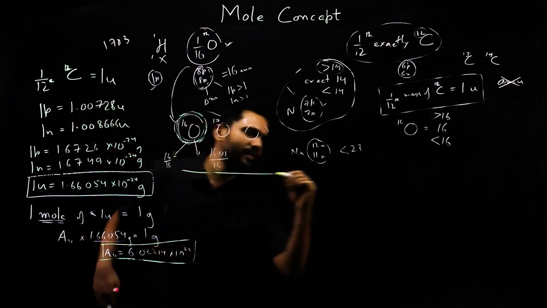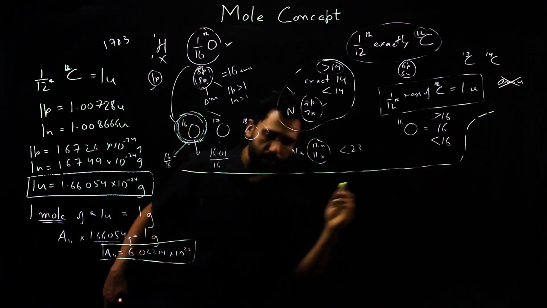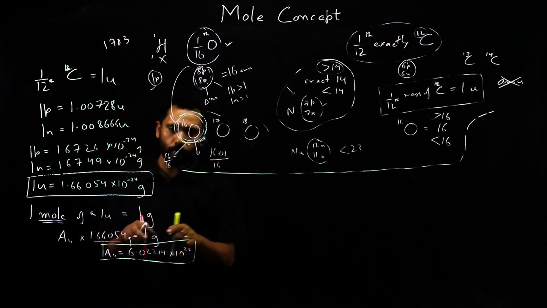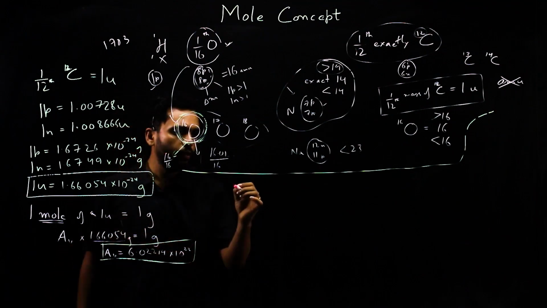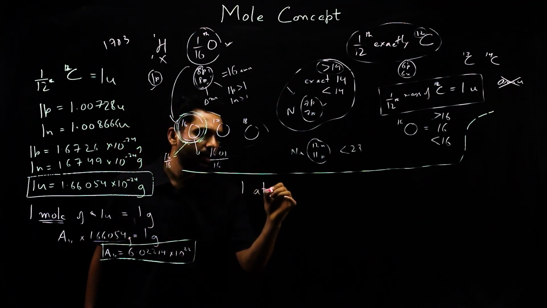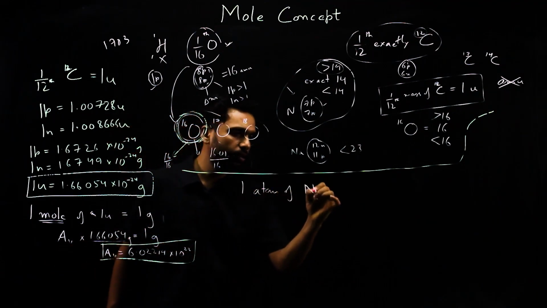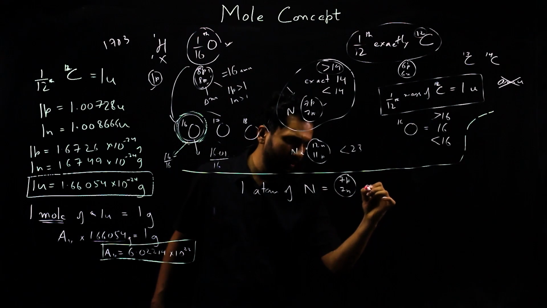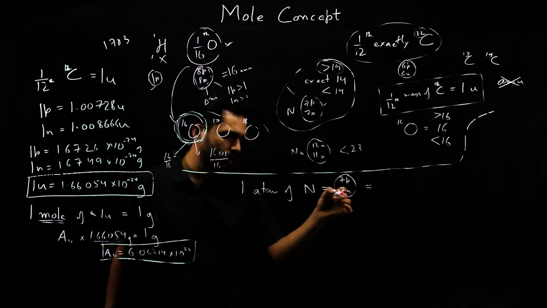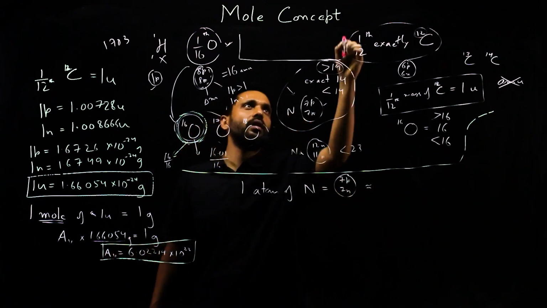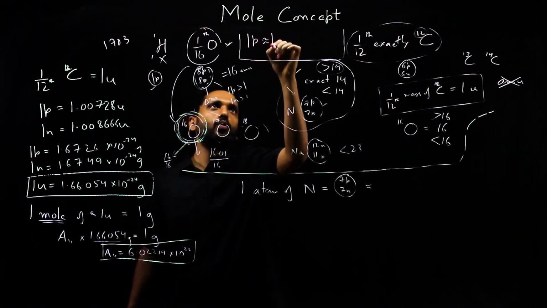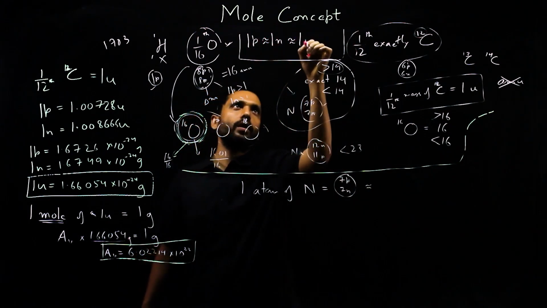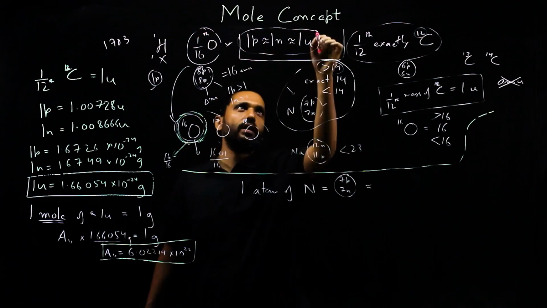Let us just again see the effect of this. Let us go back to the first point we were discussing earlier, how this is effective. When we take one atom of nitrogen, it has 7 protons and 7 neutrons. So roughly all the protons and neutrons are roughly 1 U. 1 proton is roughly equal to 1 neutron, roughly equal to 1 U. This is where we started from.